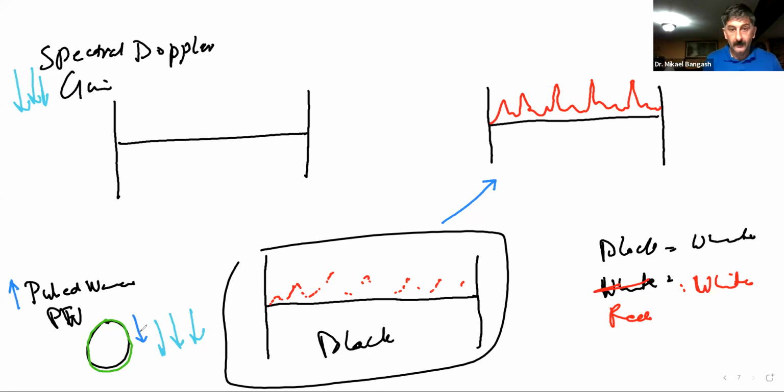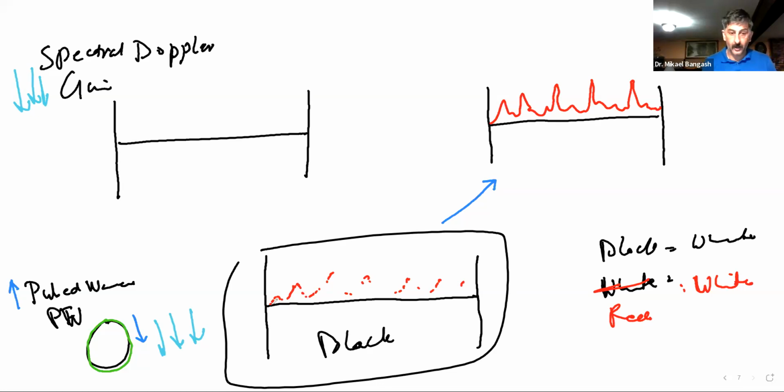Practically, what happens is that the recording of your Doppler shift, or the intensity of the signal of the reflectors, which were the moving blood cells, is increased. And it's going to appear brighter on your spectrum. Did that make sense?